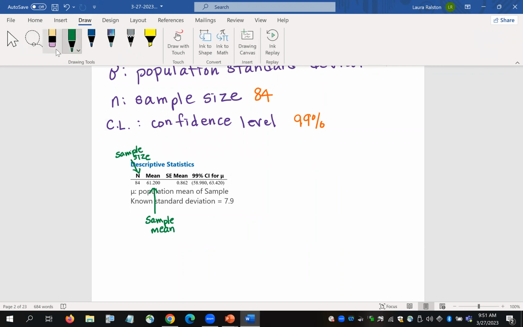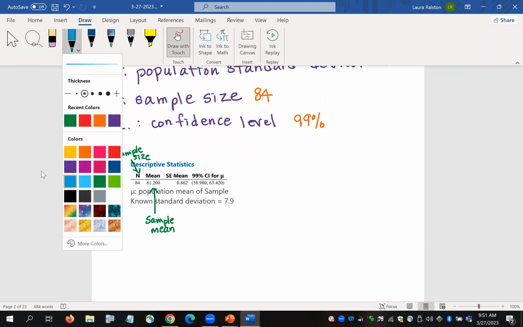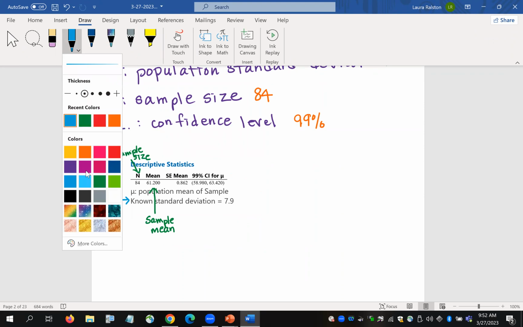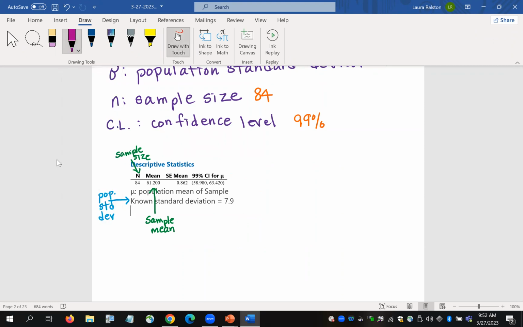It also shows the known standard deviation, which is your population standard deviation. The piece that we're really looking for is this 99% CI for mu. Just as a side note, you don't need SE Mean.